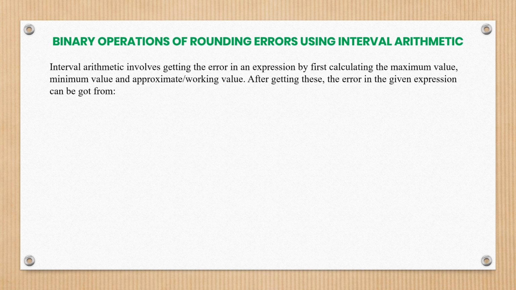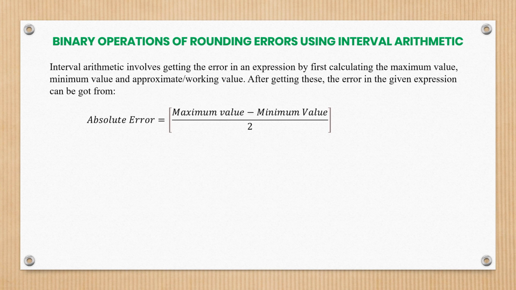Now, interval arithmetic involves getting the error in an expression by first calculating the maximum value, minimum value, and approximate or working value. After getting these, the error in the given expression can be got from absolute error is equal to maximum value minus minimum value over 2.